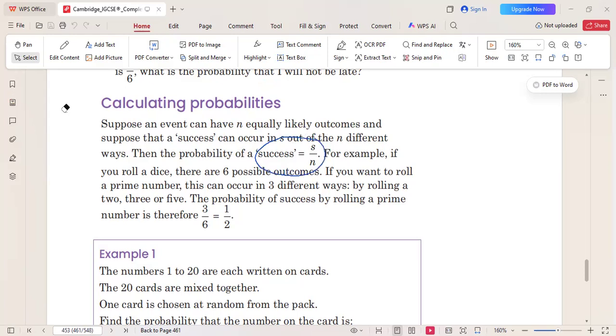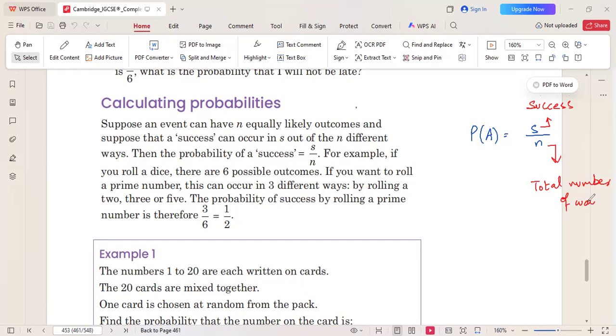The probability of any event is going to be S over N. Here S represents the probability of success, or what we are interested in, or you can say the number of favorable outcomes. Both can be fine. And N represents the total number of ways.